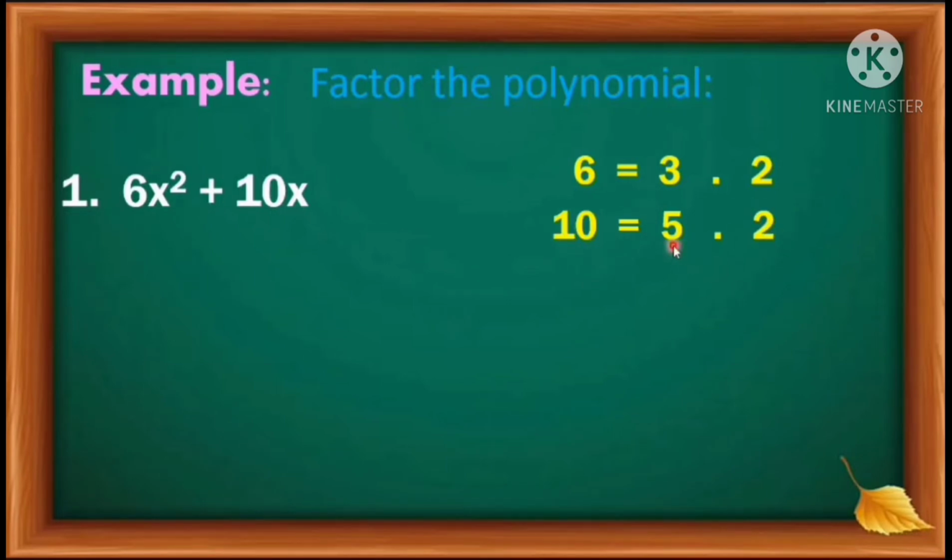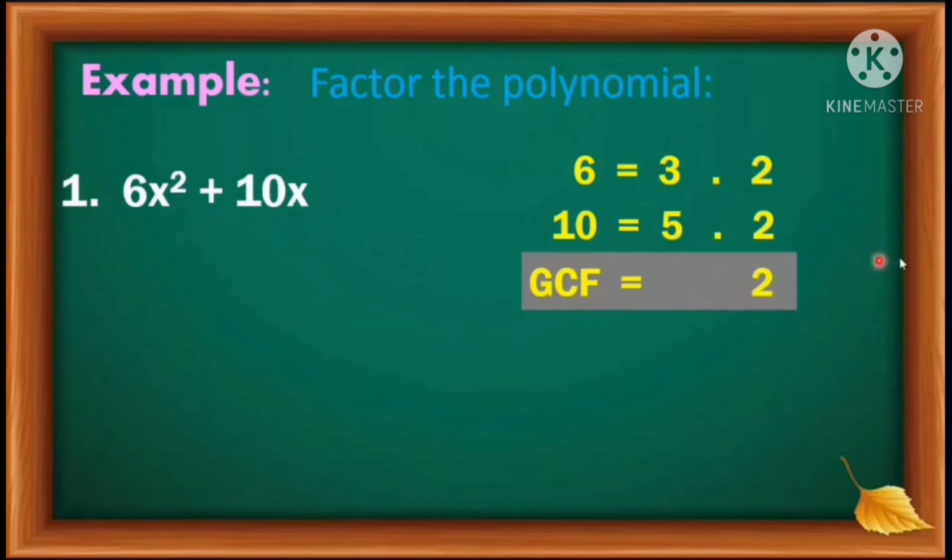And take note, both 5 and 2 are prime numbers. And for us to be able to get the GCF, all we need to do is to take the common factor. In this example, we only have one common factor, which is 2. So since we only have one common factor, which is 2, that would automatically be the GCF.